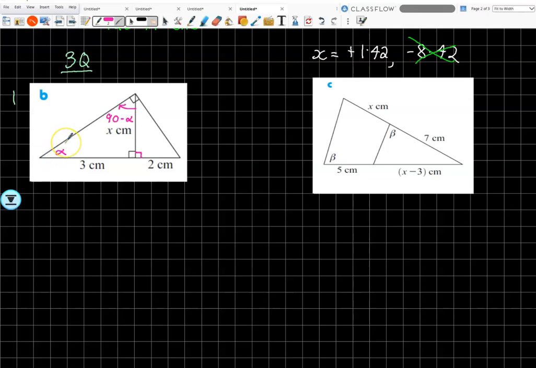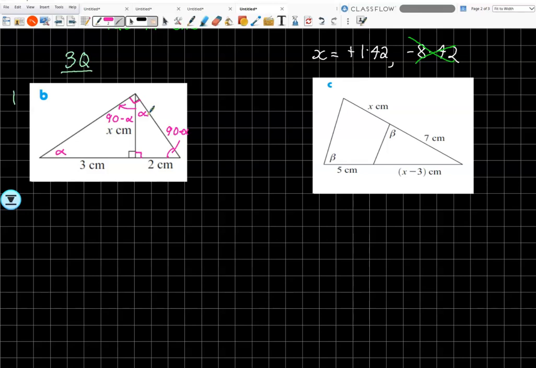If I look at the bigger triangle, I've got 90 there. I've got alpha here. So wouldn't this angle here have to be 90 minus alpha? Yeah? And if that's 90 minus alpha and that's 90, wouldn't that have to be alpha? So we have got 3 triangles that are equiangular there.